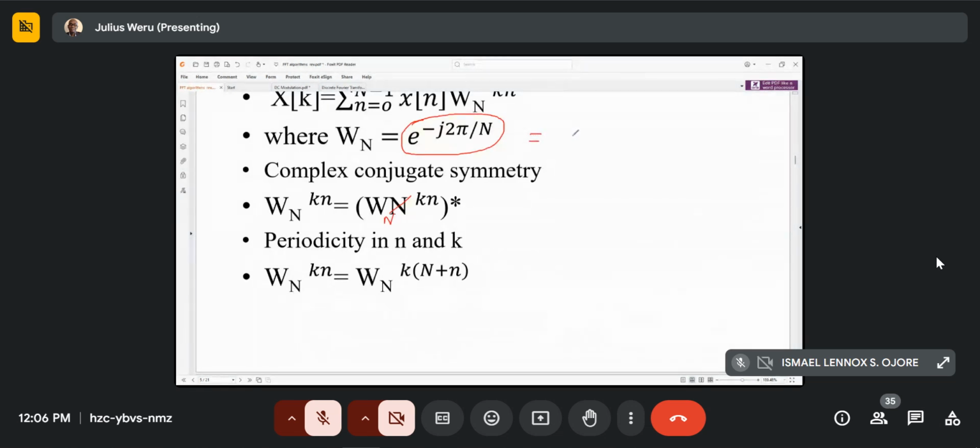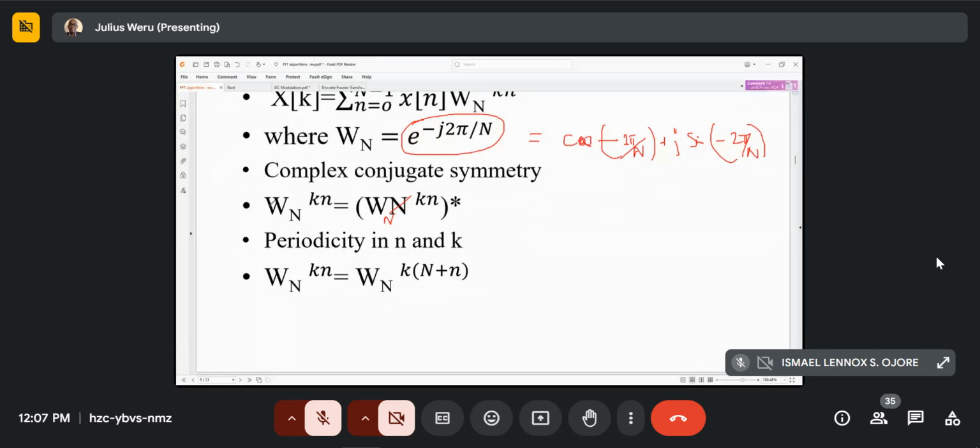It's simply cos of minus 2 pi over N, plus j sine of minus 2 pi over N. Sorry, I keep putting j, remove j.